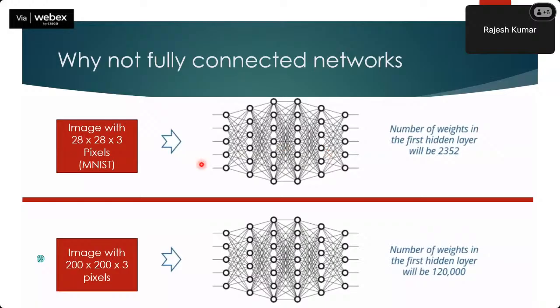In more complex cases, if my image size is 200 cross 200 cross 3, those are the pixel values, then the number of weights in the first hidden layer will be, you can see here, 120,000. And now you think of how many layers you are using, and that is the number I have to train.